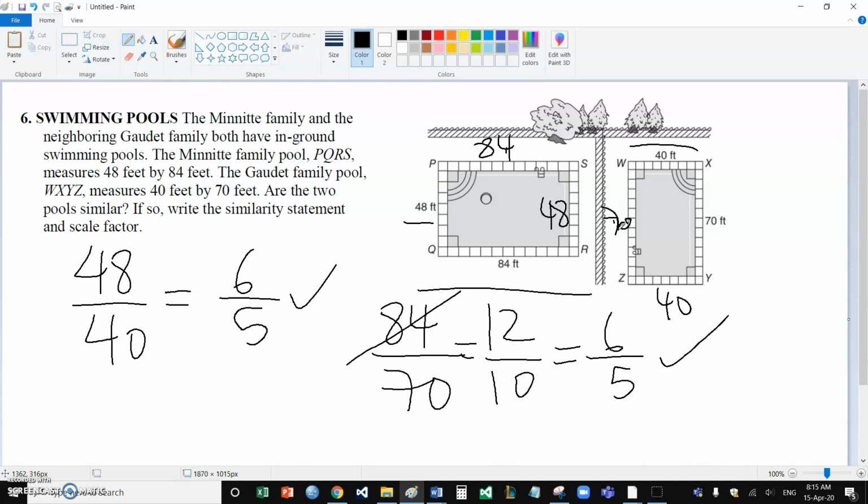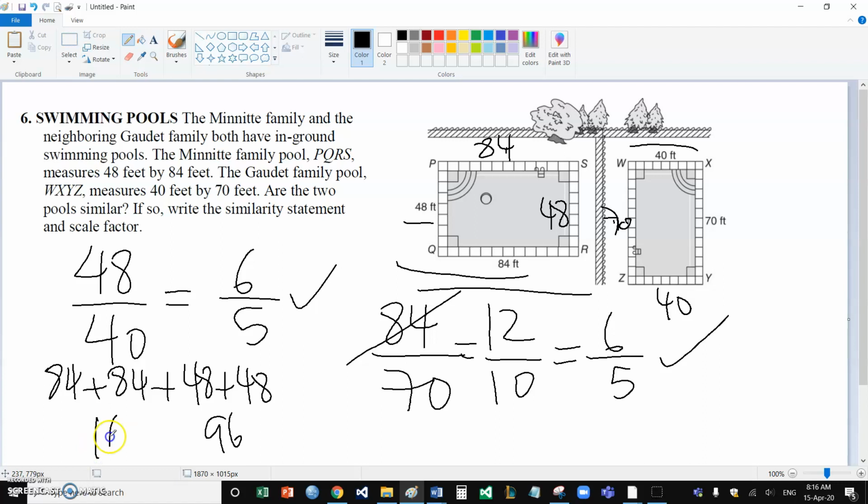Now another way we can do this, though it's not required, is to see if the perimeters are proportional too. The perimeter for this one is 84 plus 84 plus 48 plus 48. This is 96, and this is 168, which gives 264. And let's look at this one.